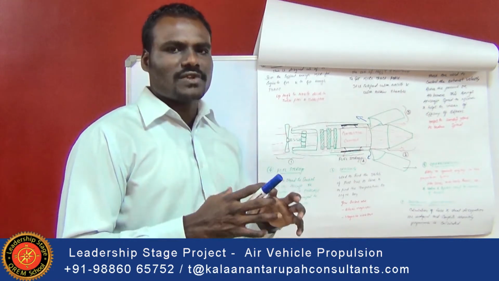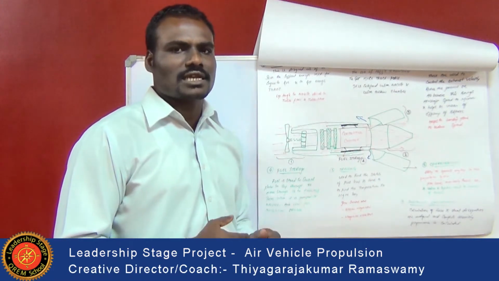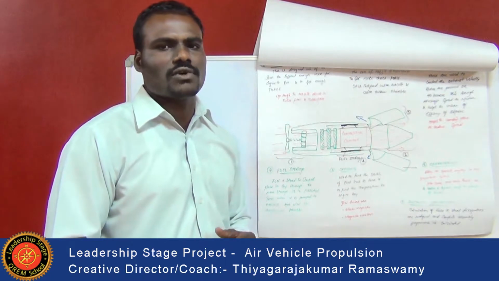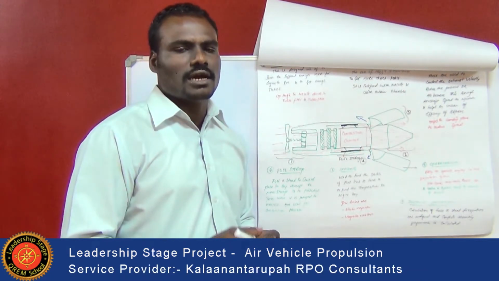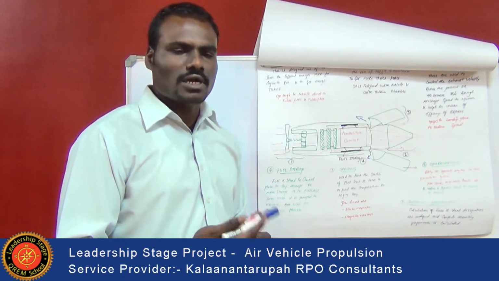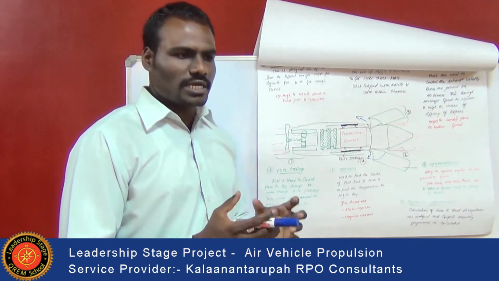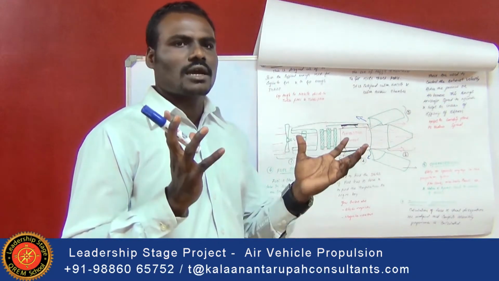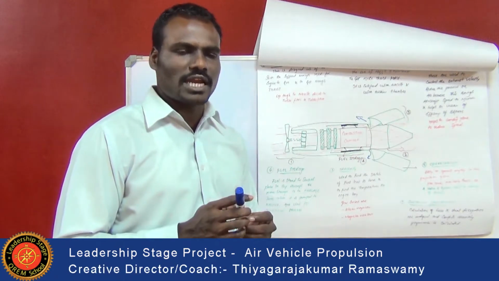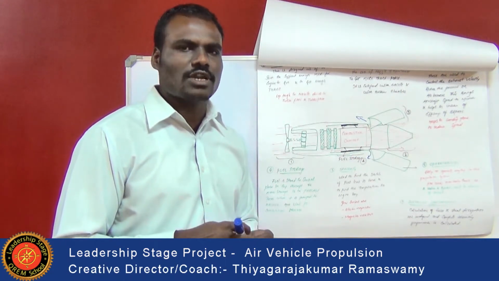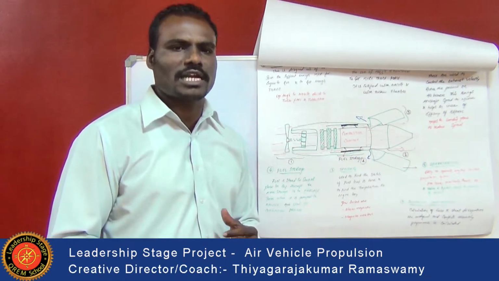We can just lift the cowl of the nacelle structure and rectify the fault that has occurred in the engine system. This cowl can be lifted by operating a hydraulic or pneumatic system.